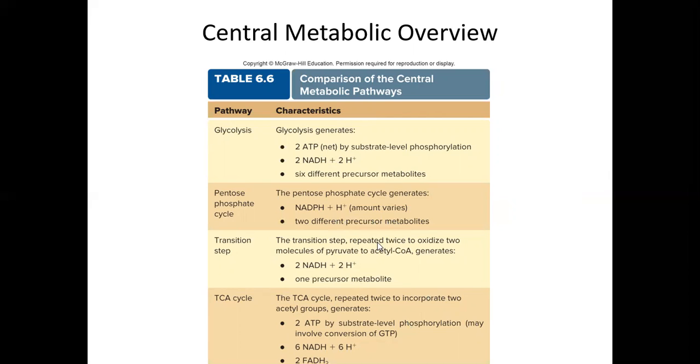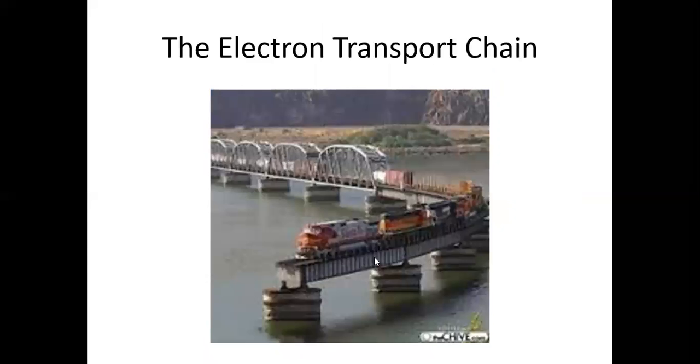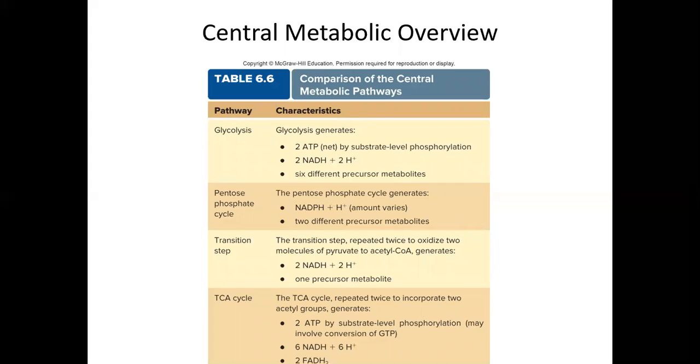That's the pyruvate. Pyruvate? Okay. Yeah. Pretty sure. Yes, I think you're right. Well, glycolysis generates 6 different precursor metabolites.